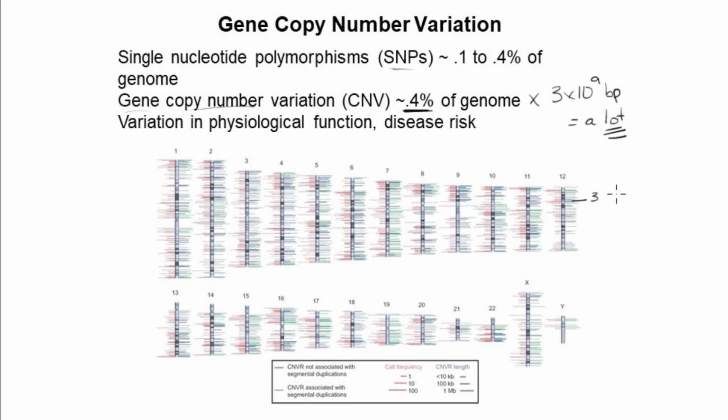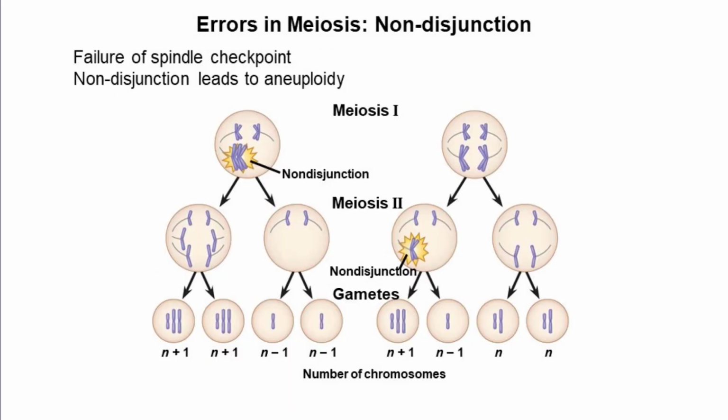So errors in recombination can lead to both duplications of gene sequences and translocations, which can be associated with disease risk, as well as evolution of new functions of genes and gene families.